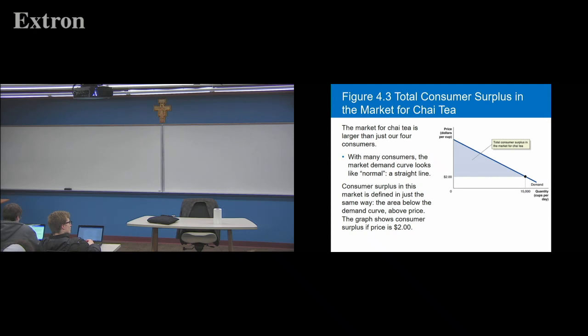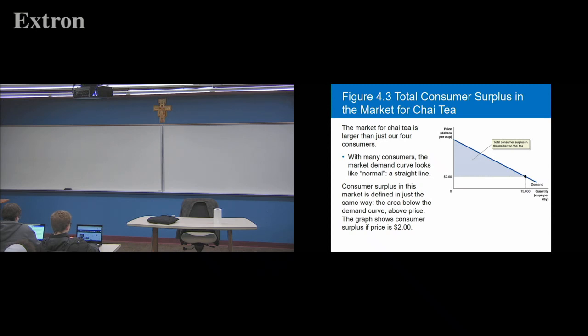It's not a geometry class, so I'm not going to make you memorize or try to remember the formula for the area of a triangle, or try to compute that. But the idea is that the consumer surplus is the area between the price and the demand curve. I wish I had drawn units here, but say this is $8 right here.